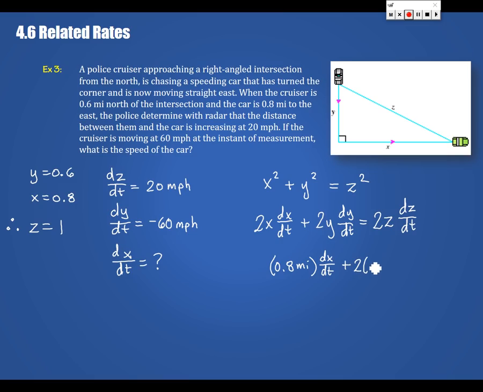Plus 2 times 0.6 miles times negative 60 miles divided by hours equals 1.